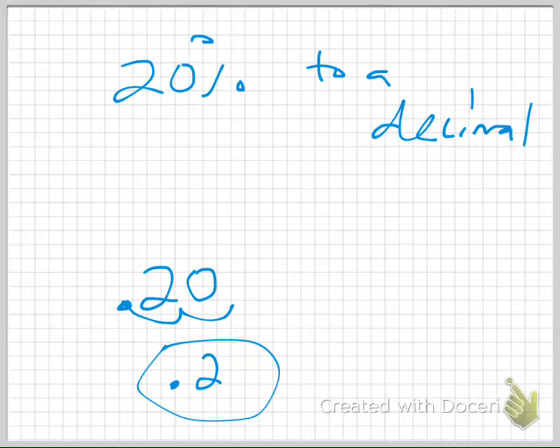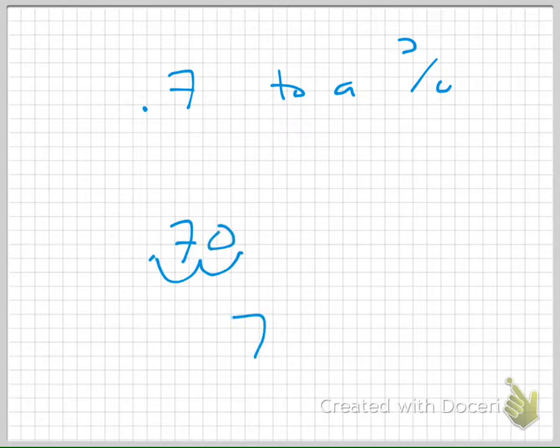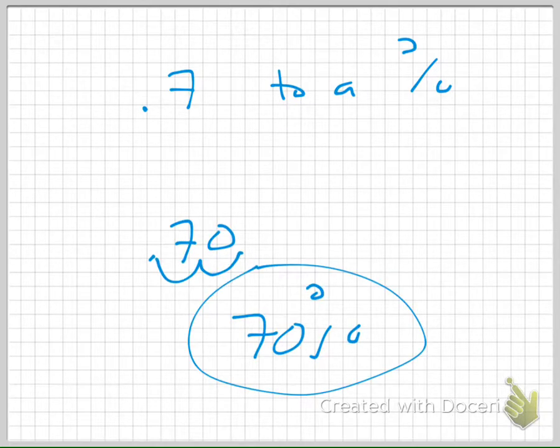Does that make sense? If I want to convert from a decimal, 0.7, to a percent, I'm going to move the decimal to the right 2 spaces. So I'm going to go from 0.7, boom, boom, put it here, it's 70%. Does that make sense?